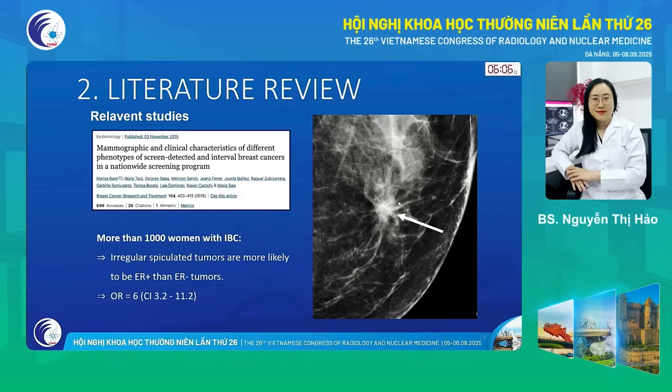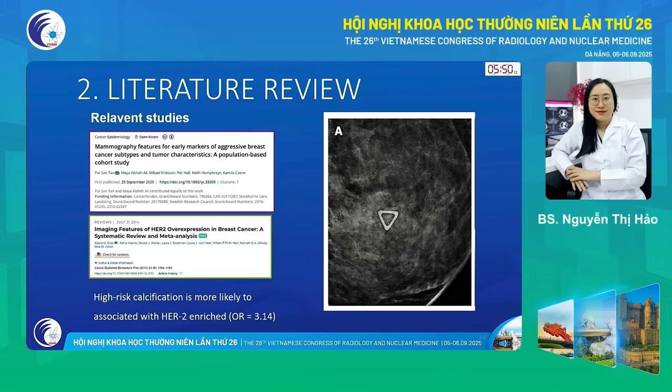In relevant studies in a nationwide screening program with more than 1,000 women with invasive breast cancer, irregular spiculated tumors are more likely to be in estrogen receptor positive than estrogen receptor negative tumors, with odds ratio equals 6. Other studies show that high-risk calcification is more likely to be associated with HER2-enriched subtypes, odds ratio equals 3.